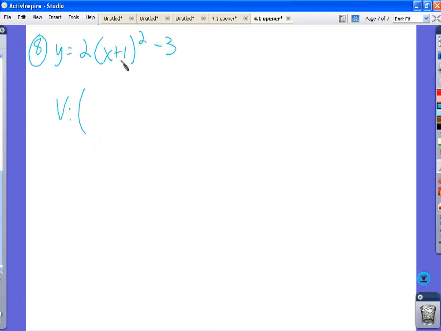It's very simple. What's this going to do? Plus 1 moves it where? To the left 1. So the vertex will be to the left 1, negative 1, and down 3. So our vertex will be at negative 3. Finding the vertex is very simple with the vertex form: negative 1, negative 3. It's going to open up or down.